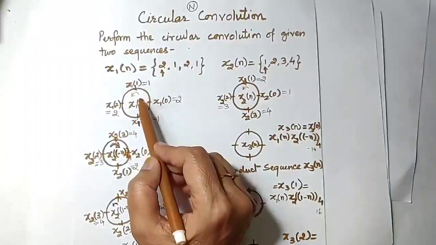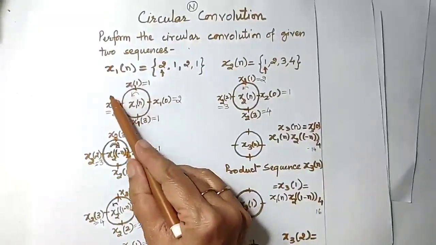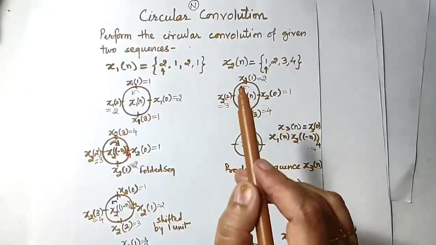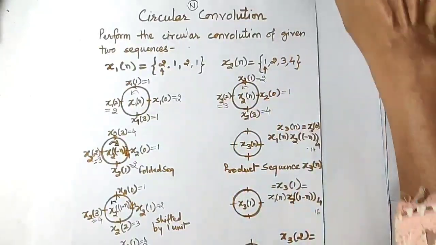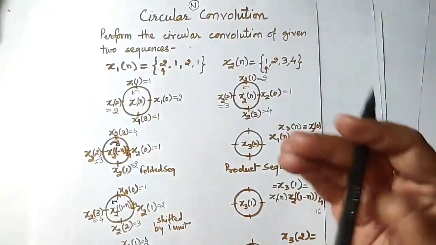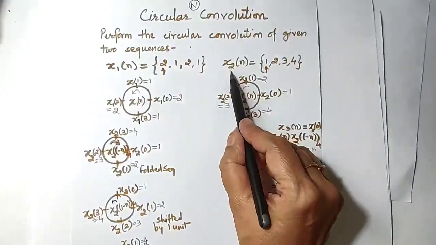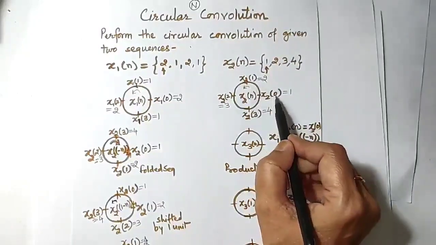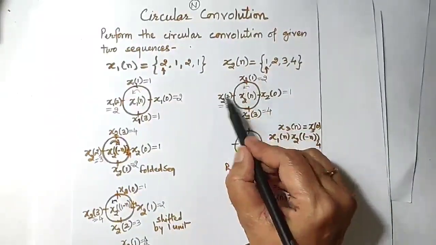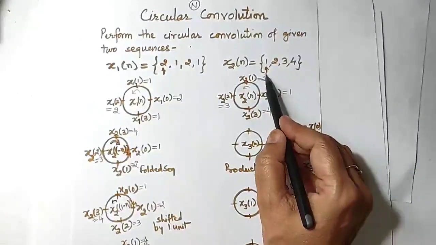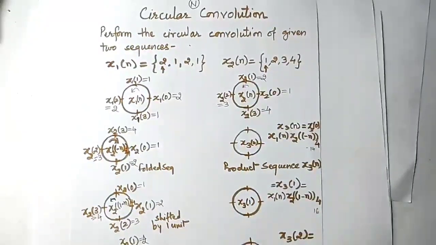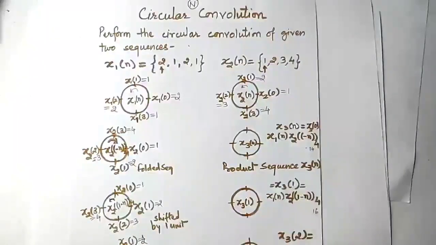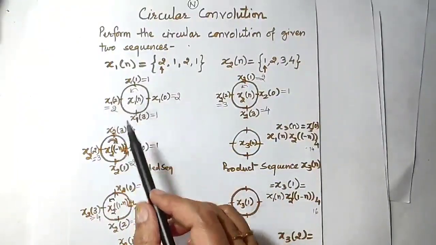So I have plotted the sequence x1(n) anti-clockwise. Similarly, for x2(n) I plot x0, x1, x2, x3 as 1, 2, 3 and 4, simply on the circumference of a circle.